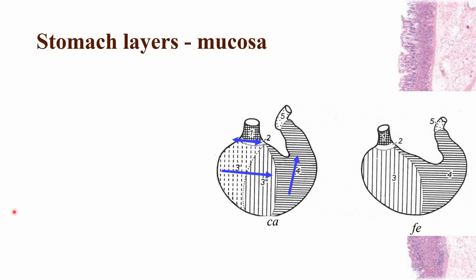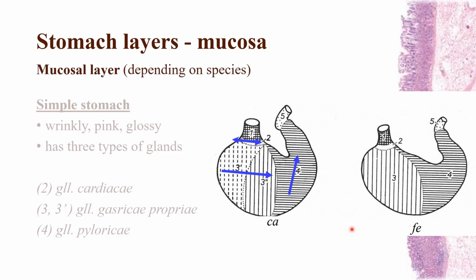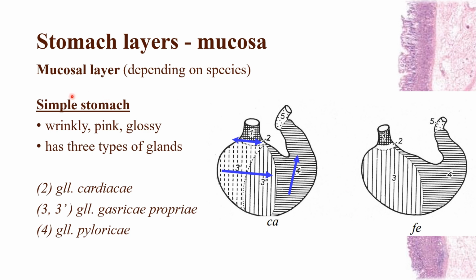Now, stomach layers and mucosa. Dogs, canines, and felines, cats, have a little bit of different glands in the stomach. First, we have, again, the simple stomach, where the inside, the mucosa, is wrinkly, pink, glossy, and has three types of glands.